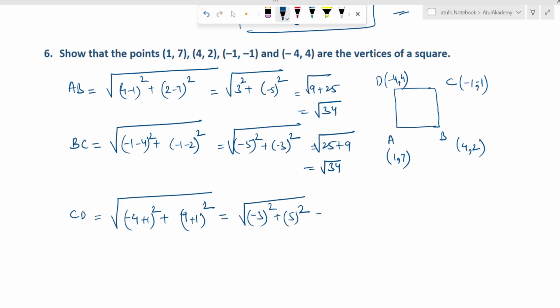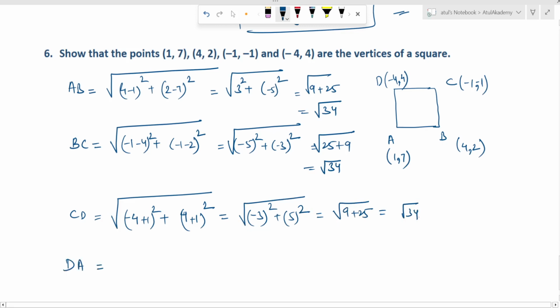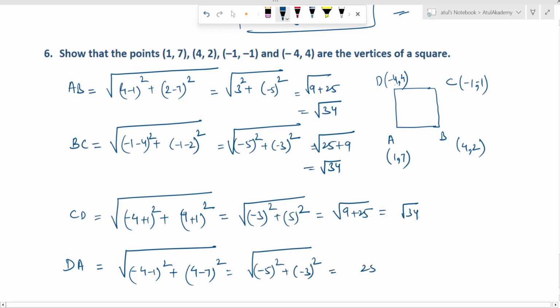So that is again coming out to be 9 plus 25, which is root 34. That is also the same. Now let's calculate DA. So for DA, (-4 - 1) whole square plus (4 - 7) whole square. So that will come out to be (-5) square plus (-3) square, which is 25 plus 9, and that is again coming out to be root 34. So all sides are equal.